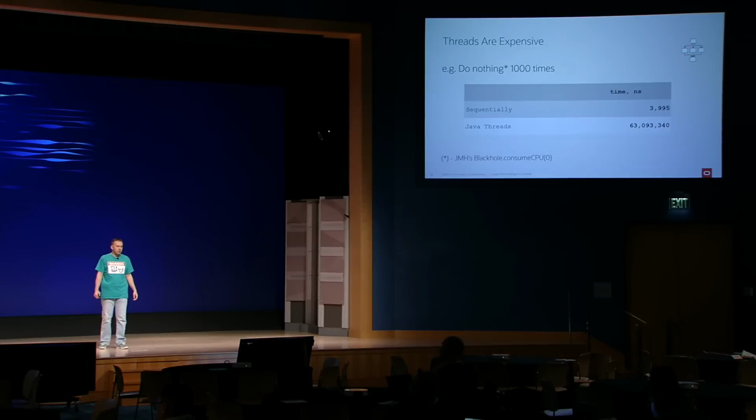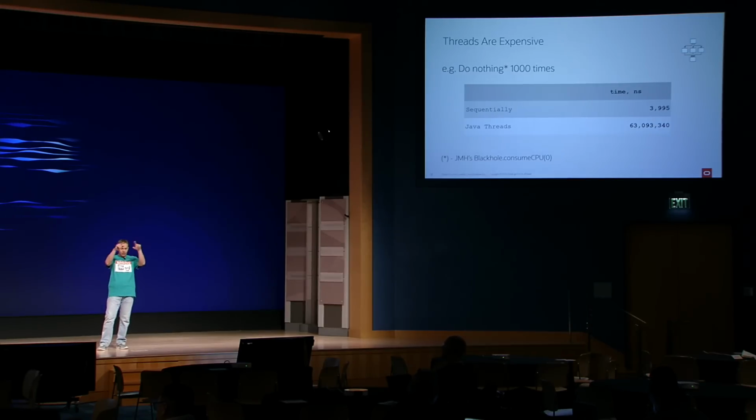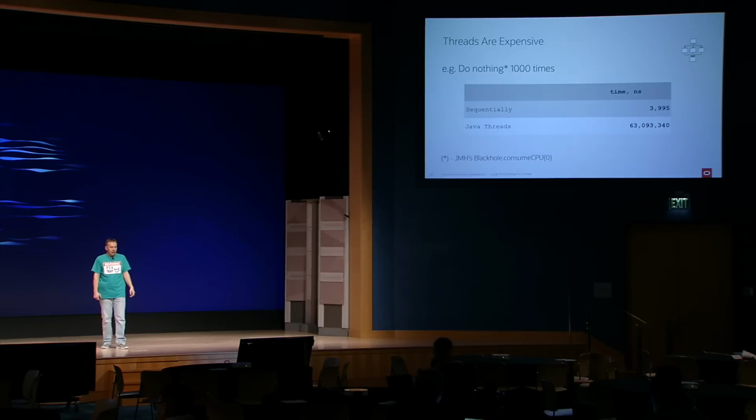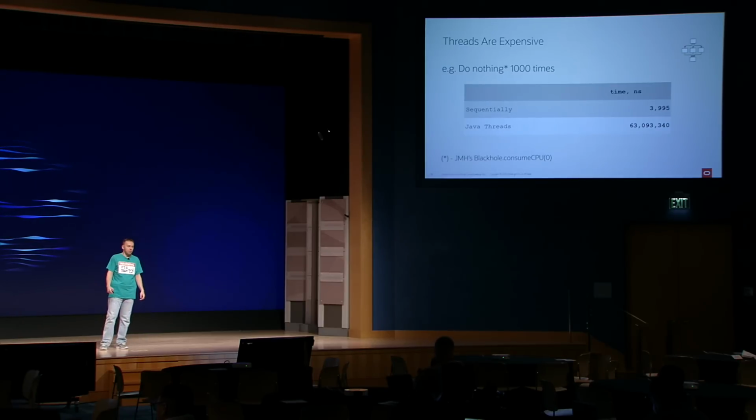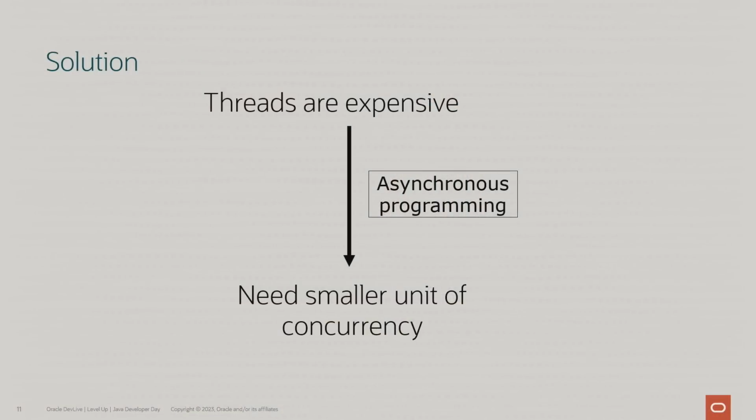If you try to execute it in Java threads, doing fork and join, waiting until all computation is done, it will require much, much more time. A very, very large amount of time is required. So the community found a solution: if threads are expensive, we need a smaller unit of concurrency.